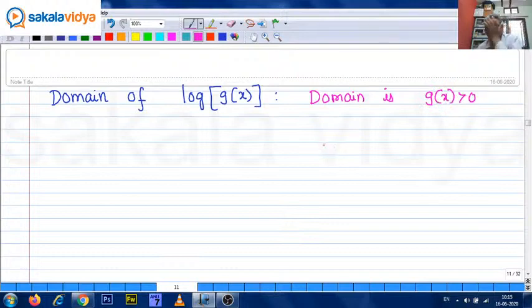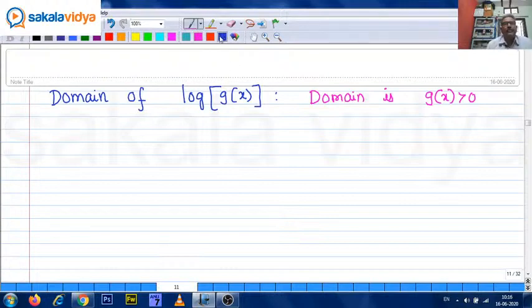G of x greater than 0. Because a minus x and b minus x. Right. So g of x greater than 0.